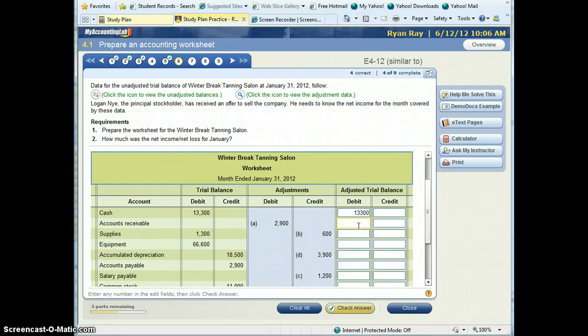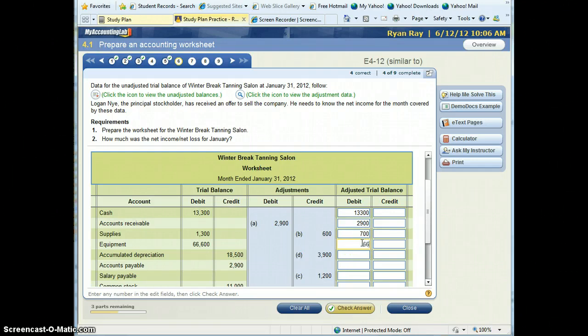Accounts receivable went from 0 to 2,900 debit, so we're going to put 2,900 here. Supplies, it had a 1,300 debit and a 600 credit. Well, the debits are greater, right? We have to subtract because they're on opposite sides, the debit and credit. So 1,300 minus the 600 is going to be 700. We got $700 worth of supplies left.